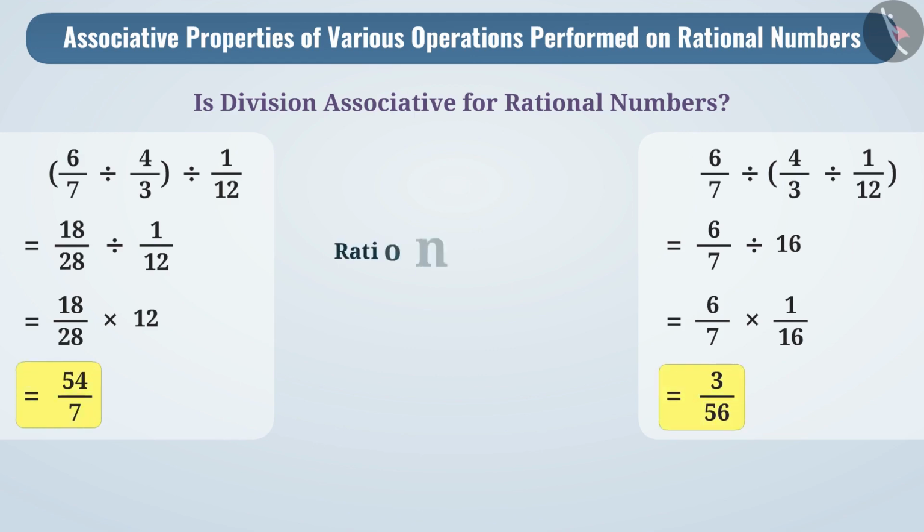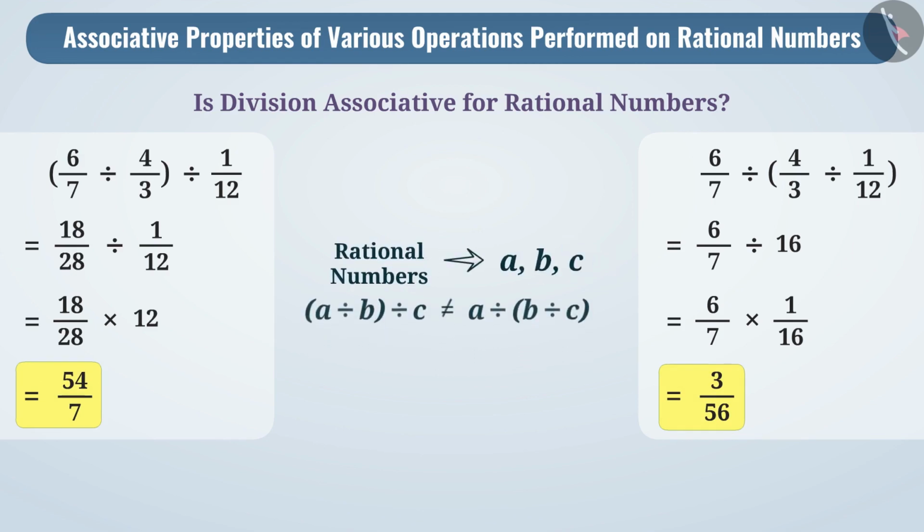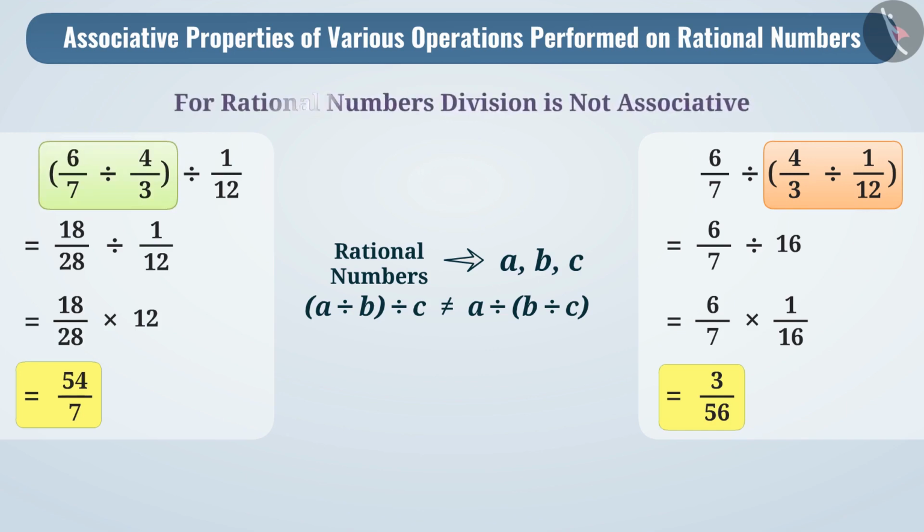So, the rational numbers A, B, C cannot be divided by grouping in any way. It is necessary to do this in the given order only. Therefore, we can say that for rational numbers, division is not associative. In this way, here, the result of first case is true and the result of second case is false.